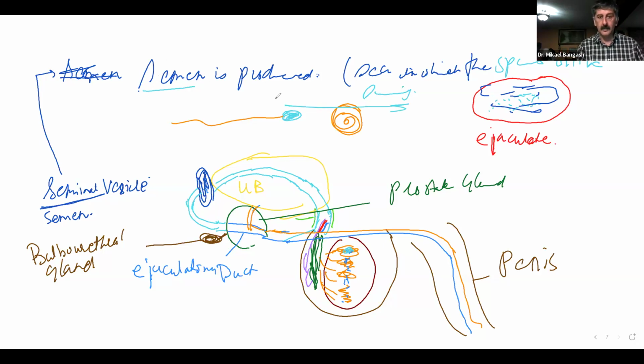But it needs a sea in which it can swim, and that's the semen. So the main bulk of the ejaculate is made up of semen. Okay, did you guys get that?